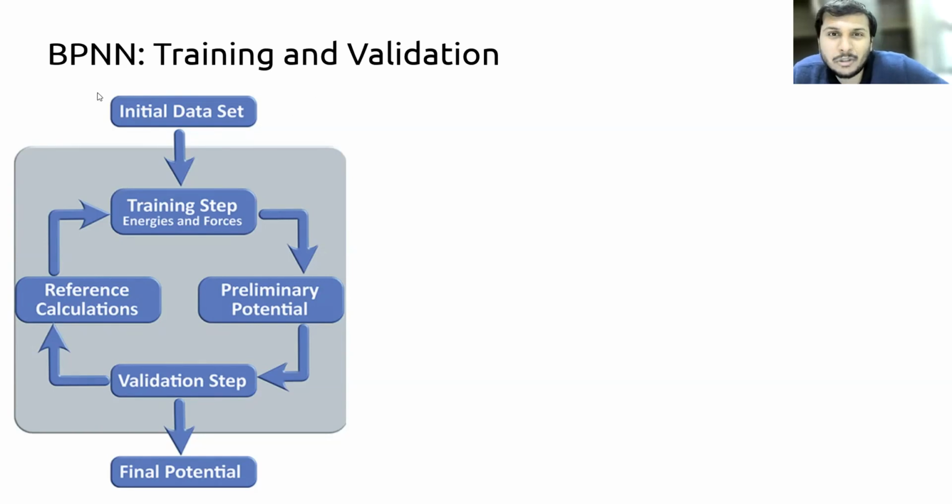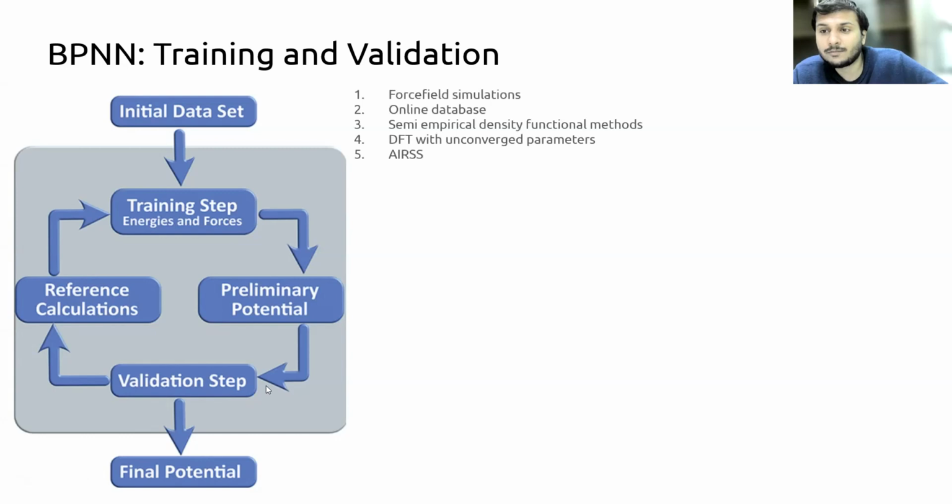So the basic idea is that you take a bunch of points and you train a very preliminary model on that, and after that you get a preliminary potential, then you run some simulations, get more data out of that model, you perform your validation, and if you see that the errors are very high, you take some of those additional points, you perform more first principles calculations, you again perform your training, and so on. So this cycle keeps going until you are satisfied with your model, right?